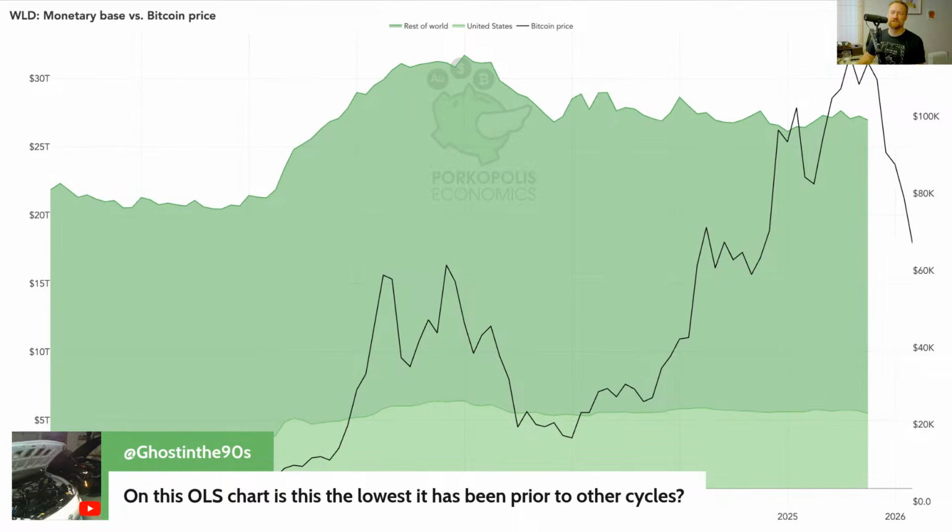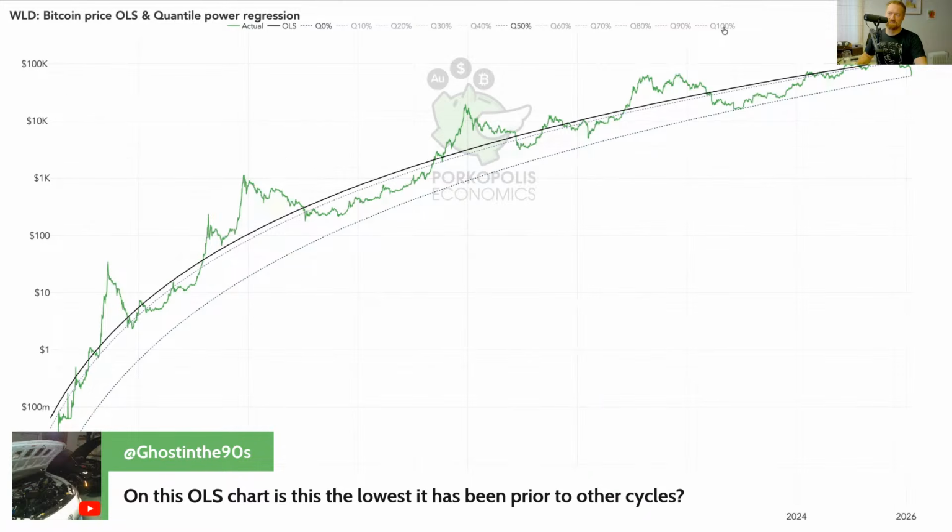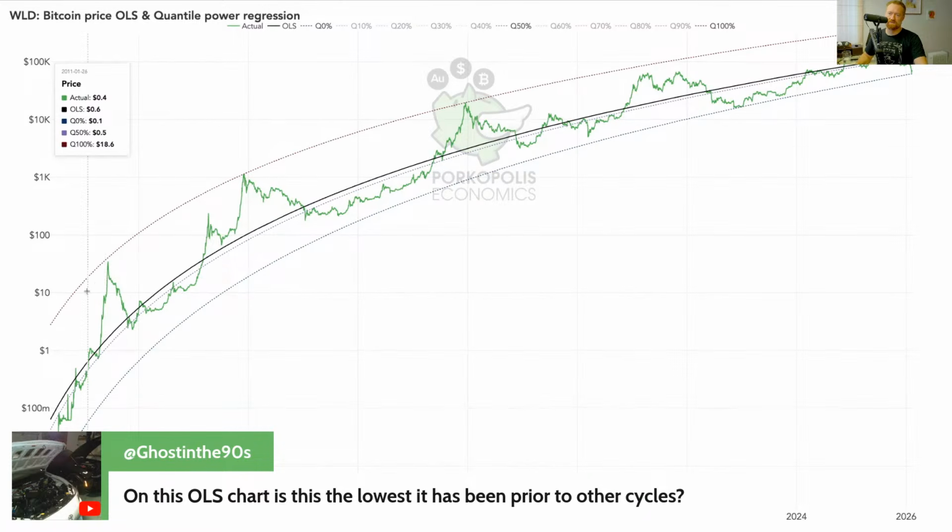Sorry, which one are you at? I presume you're asking about this one? Yeah, it's not relative to any cycle. It's just relative to actually the data. So this one is different than my other one, but basically you run a power regression.